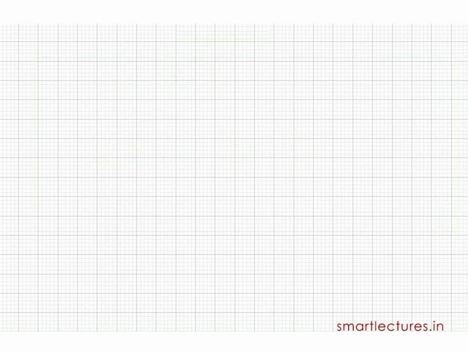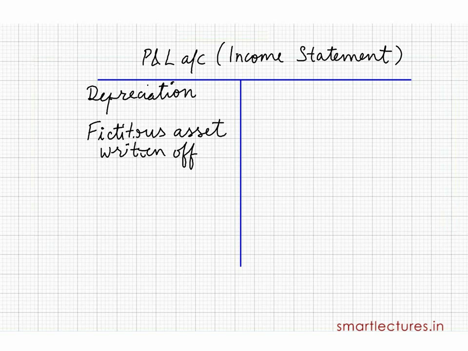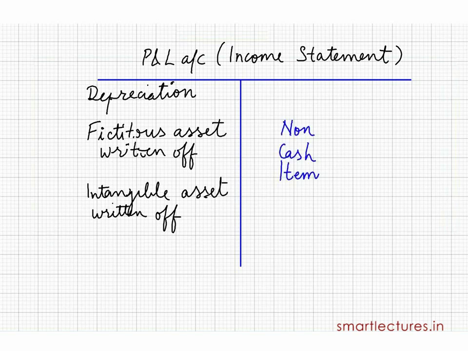So in this way, you will find many other items on the debit side of the income statement which are non-cash items. For example, depreciation, any fictitious asset written off, any intangible asset written off, and you may find some non-cash items on the credit side.